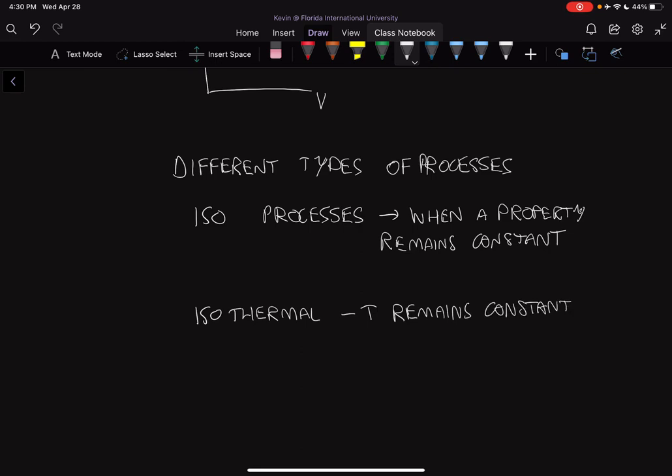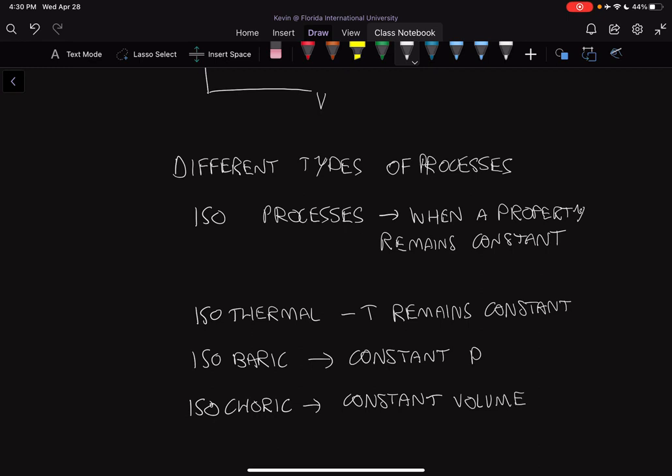We're also going to be looking at isobaric processes. Isobaric is when the pressure stays constant. So we have a constant pressure. And we're also going to be looking at isochoric processes, which would mean constant volume.